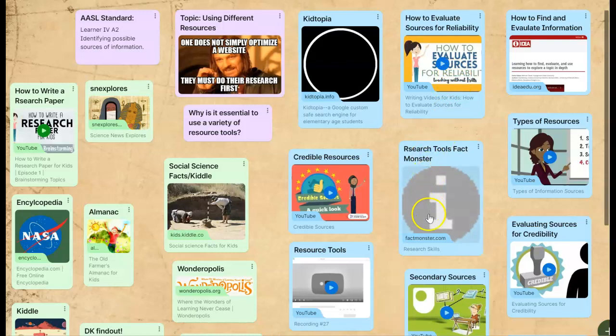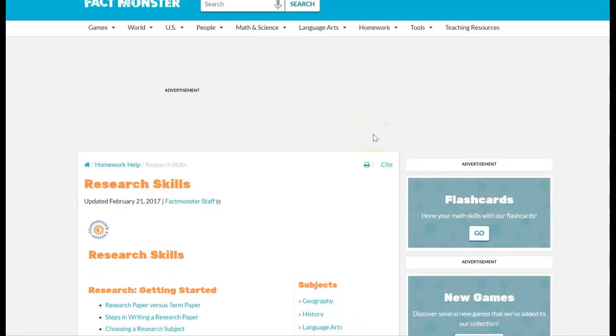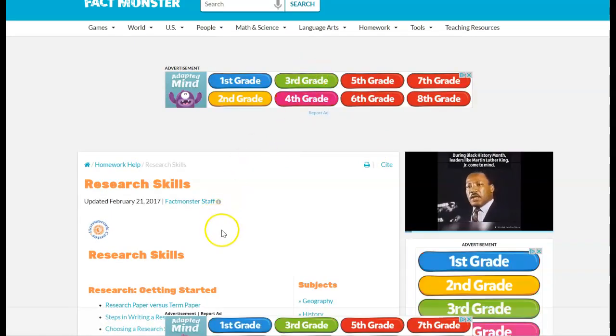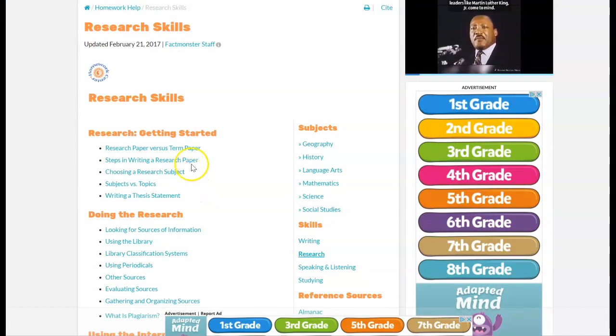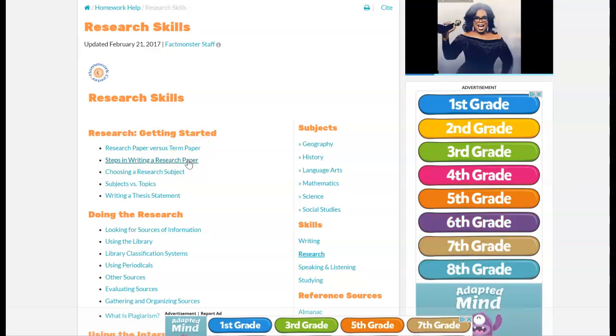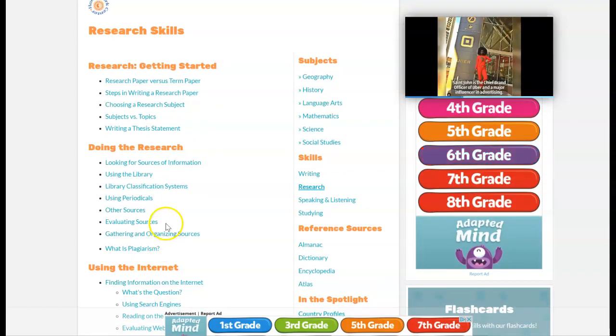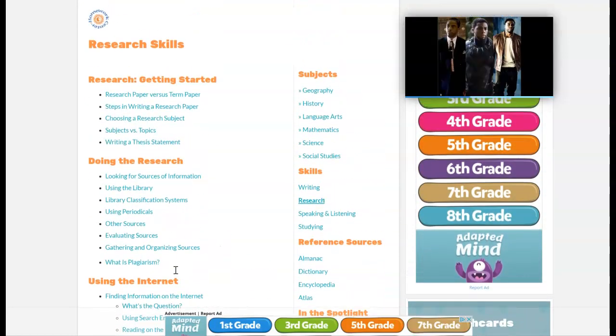I like this one. It's a research tool you can use. So if you're still struggling with everything, you can click on this one, and it talks about a research paper versus a term paper, the steps in writing a research paper, choosing a subject, subjects versus topic, writing a thesis, and then it goes down into doing the research and using the internet.